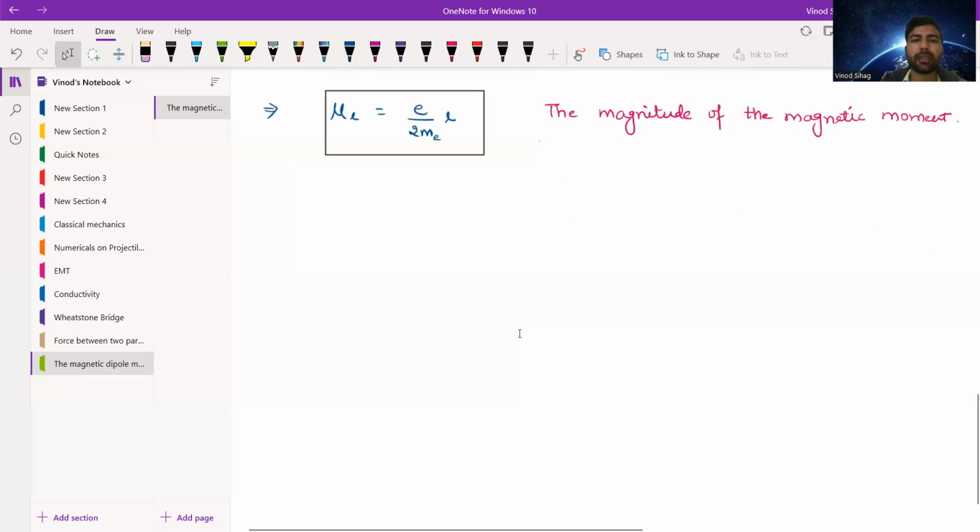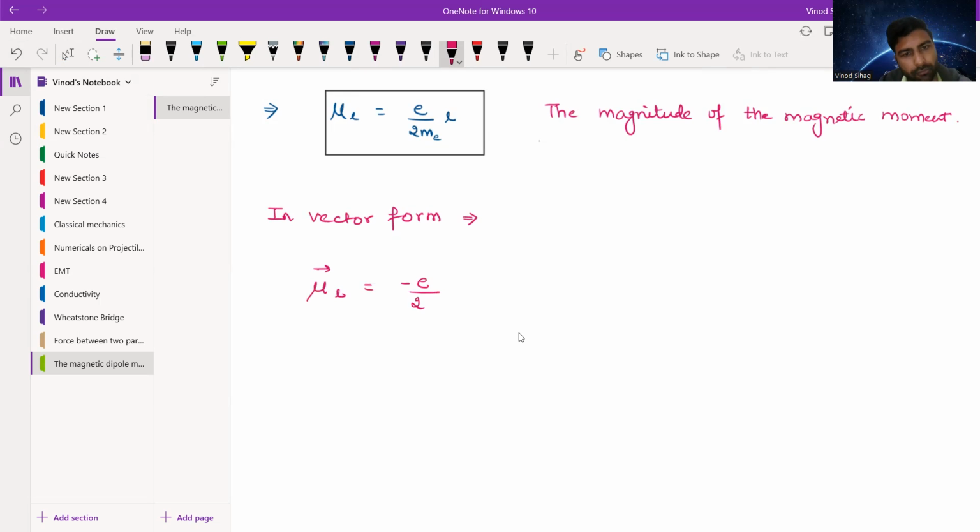Now, in vector form, we can write mu L vector equals to minus of E upon 2 me L vector. And I'll tell you why there is a negative sign.